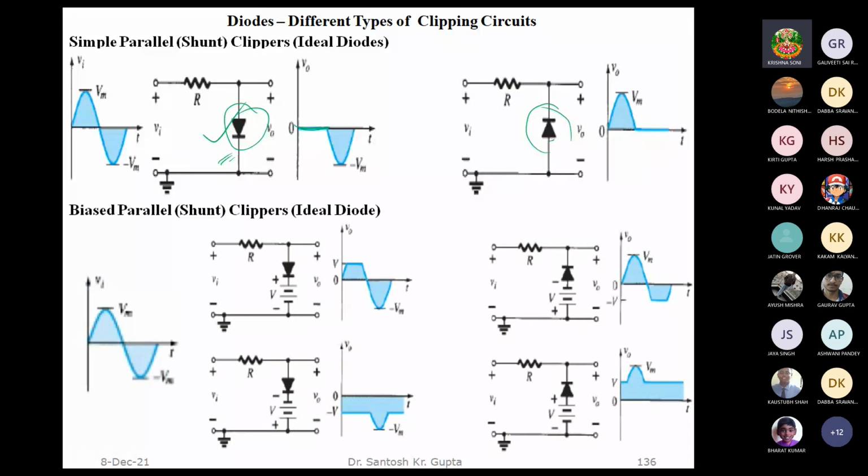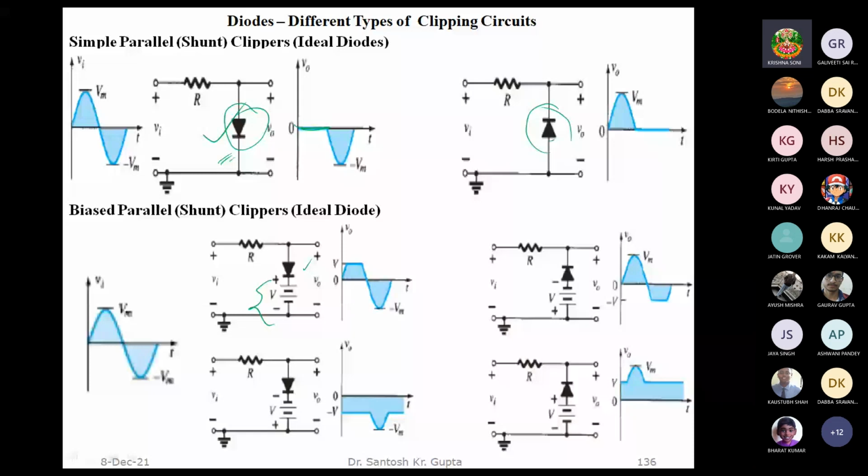The similar thing can be used to design 4 different types of shunt clippers, in which one can apply some voltage along with the diode to clip at certain levels. Again, we have to go in the same way: having the input voltage Vi, we have an additional DC voltage source V here.